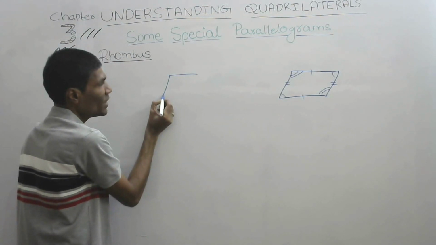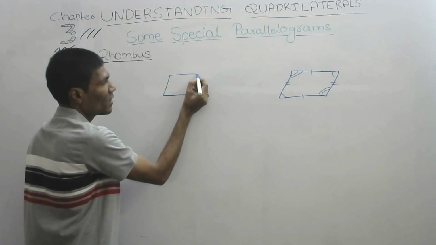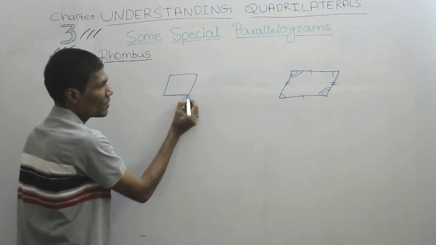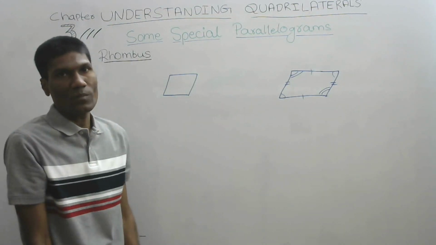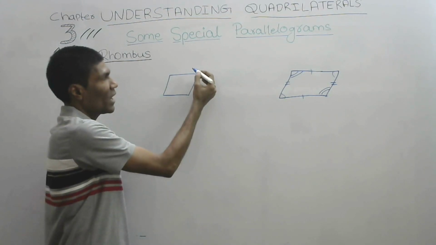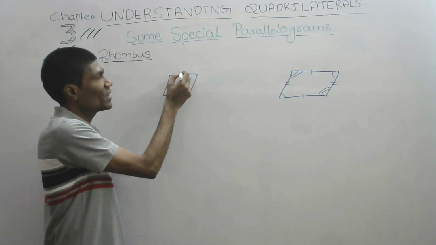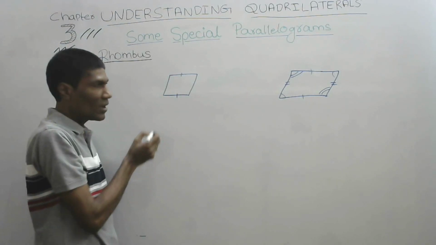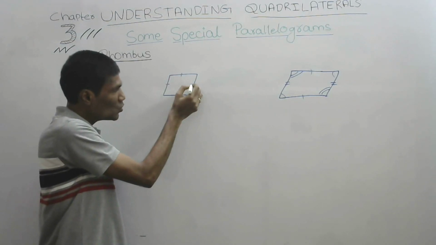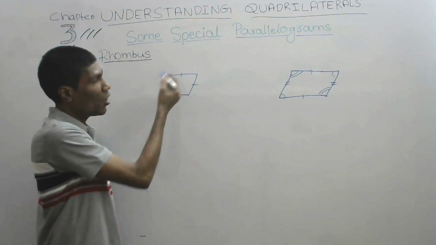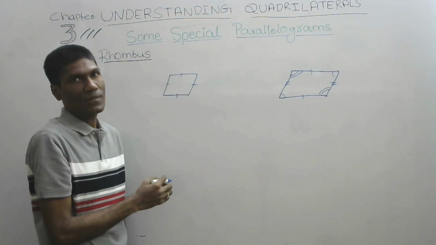Four sides will be equal. This is a rhombus. As this is also a parallelogram, we can say these two sides are equal. In the same way, these two are also equal. Why? Because all four sides are equal.